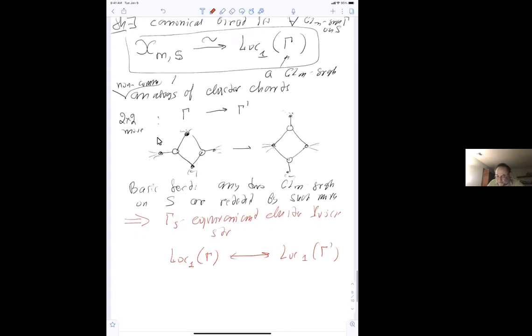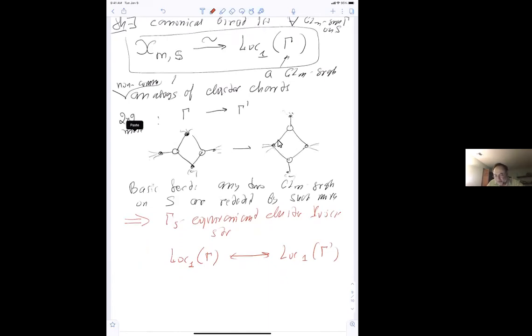So maybe I skip this, but there is a very simple way how you can alter a line bundle here and get a line bundle there, which produces a birational isomorphism. And then you check that there is a pentagon equation for them.